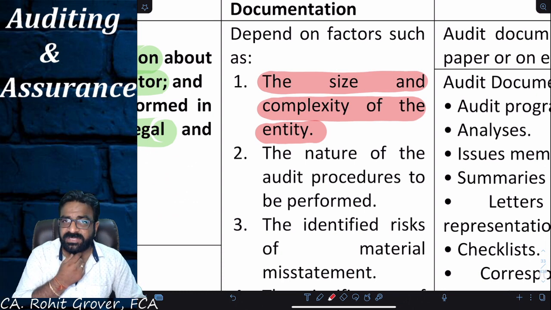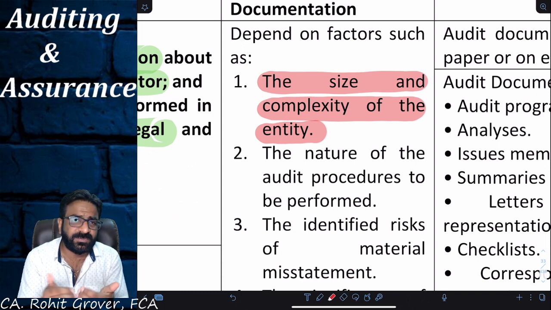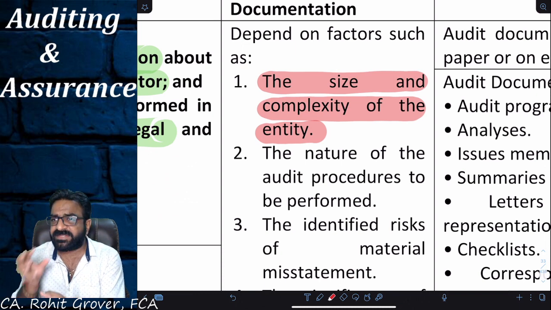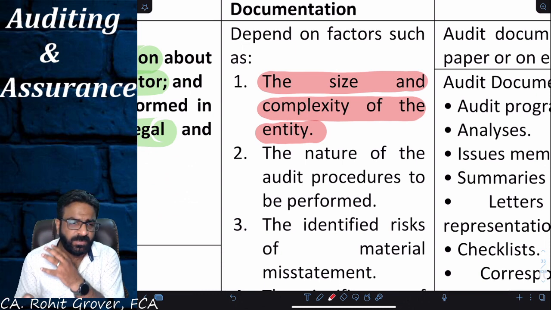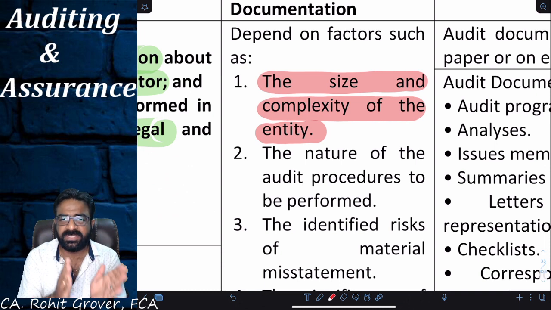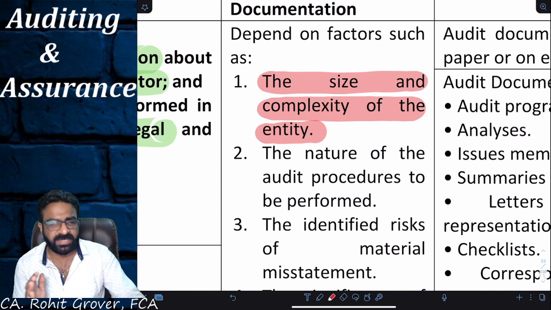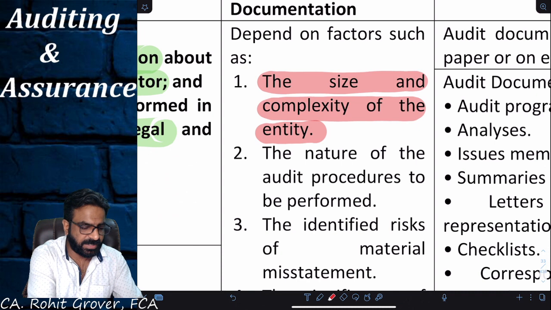So tell me, is it a simple GST or a variety of GST? Variety. So more complex is which audit? First one or second one? Second one. So my audit evidence collection will be more in case of the second one, and less in case of the first one. So the nature, size and complexity of the client's business is going to determine what kind of audit documentation I am going to have.